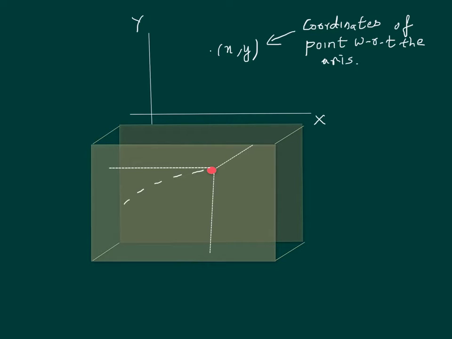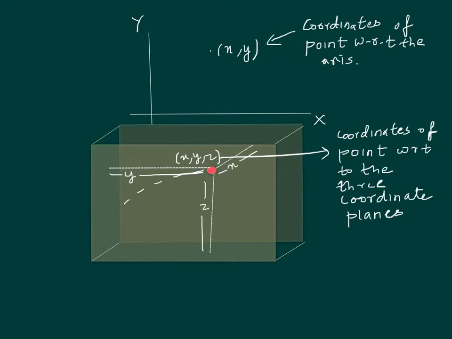Say we denote the distances by x, y and z. Then the coordinates of this point will be x, y and z, and we will say that the coordinates of this point are with respect to the three coordinate planes.